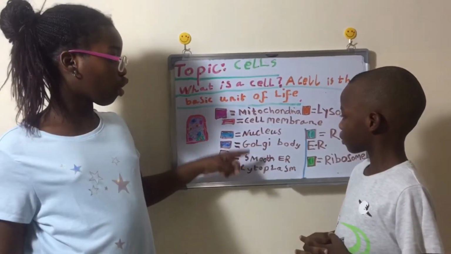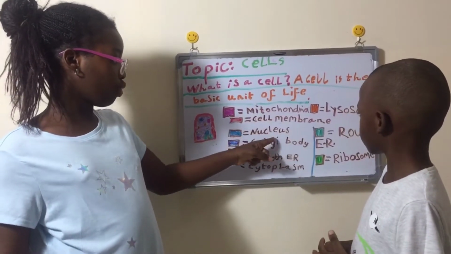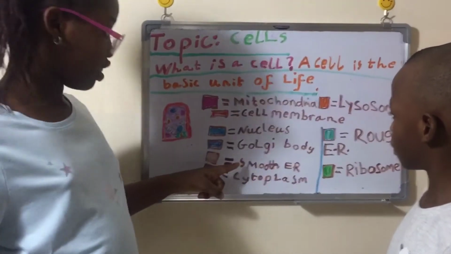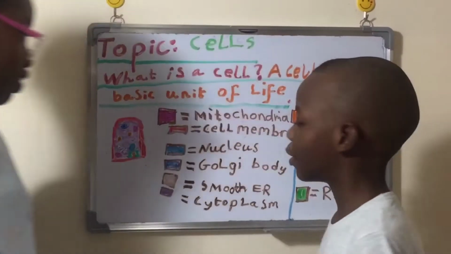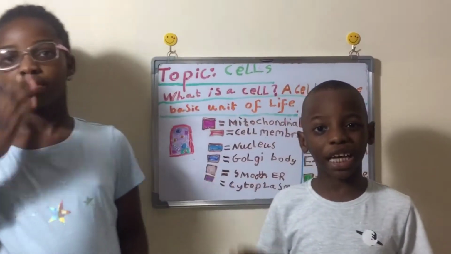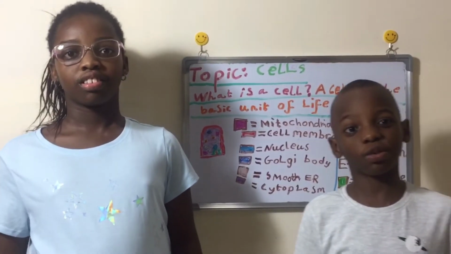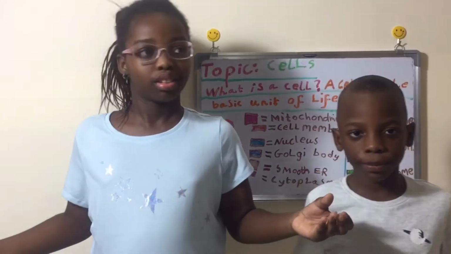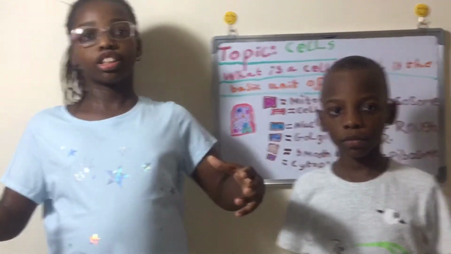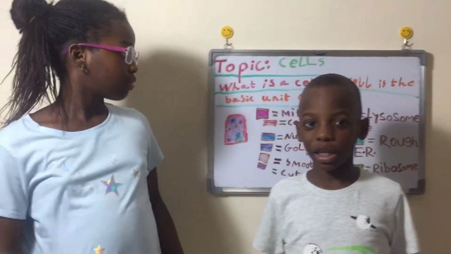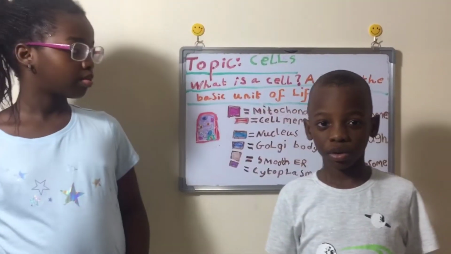Next, we go closer and closer to the nucleus. Next is the smooth ER and the rough ER. It's also known as endoplasmic reticulum, but we are just going to be calling it ER, just to make it a little easier. It transports lots and lots of proteins, like ribosomes.